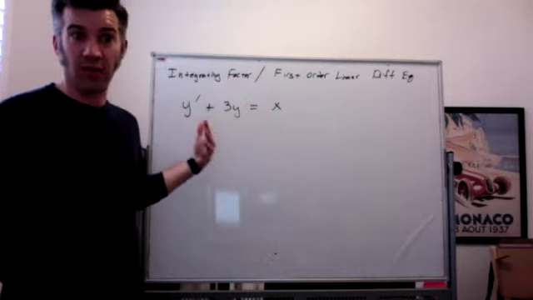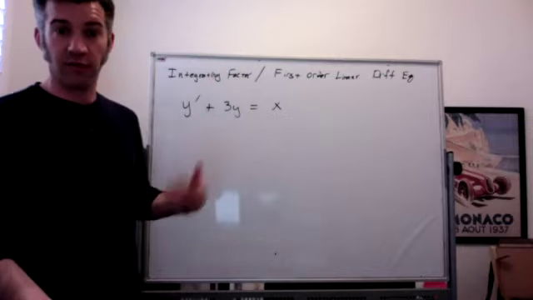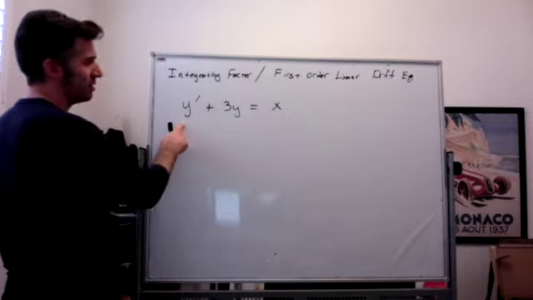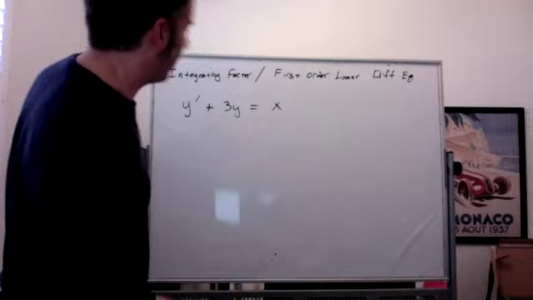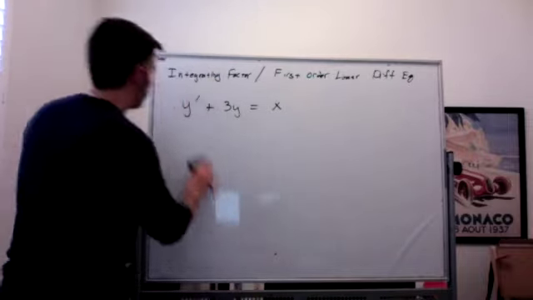You don't have any higher powers of y, or whatever your top variable is in your derivative. And again, she was usually writing this as dy/dx, which is fine. Either way is okay.